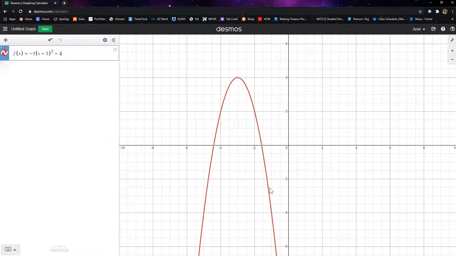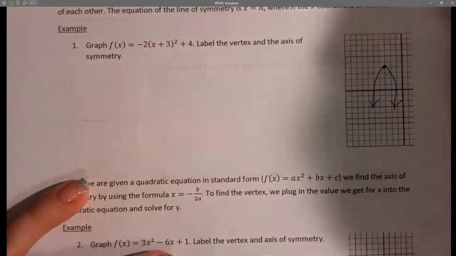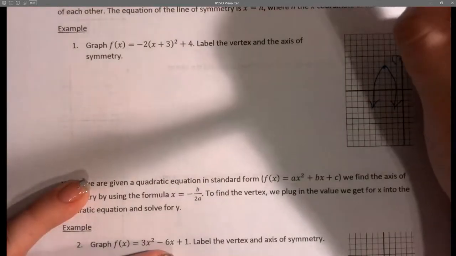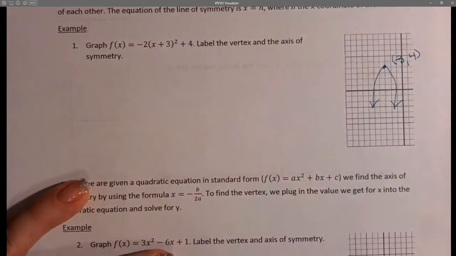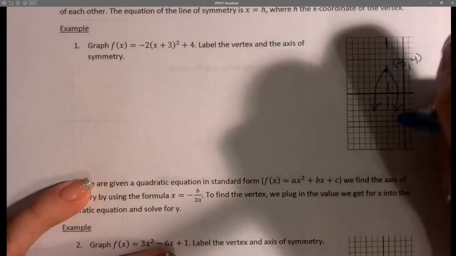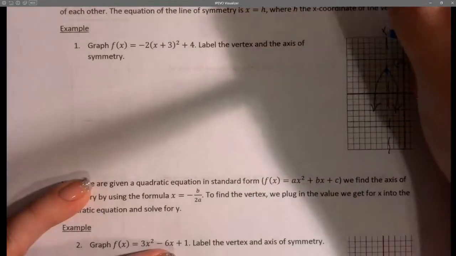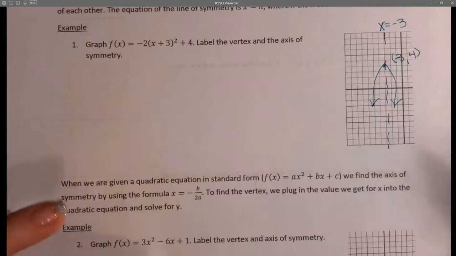This one doesn't need me to do it perfectly, so I'm just going to do my best sketch of it going down. If you look back at my paper, this is what I have. It wants me to label my vertex. So remember, this is -3, 4. And then the axis of symmetry is that dashed line right there, and it's going to be x equals -3. So it's the x value of my vertex.